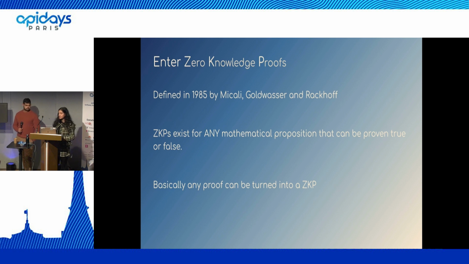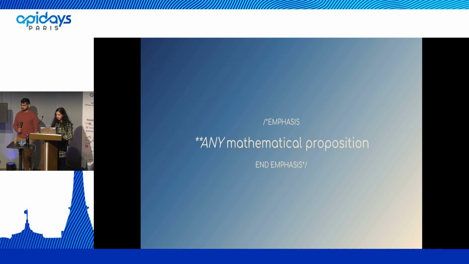Zero-knowledge proofs exist for any mathematical proposition that can be proven either true or false. Just an emphasis here: a proposition is a mathematical statement, something like 3 is greater than 4, or I am over 18. This means that any computation with a Boolean result of true or false has a corresponding zero-knowledge proof.